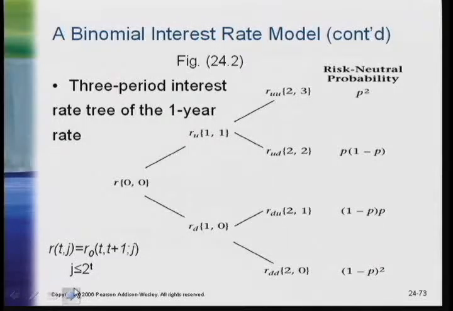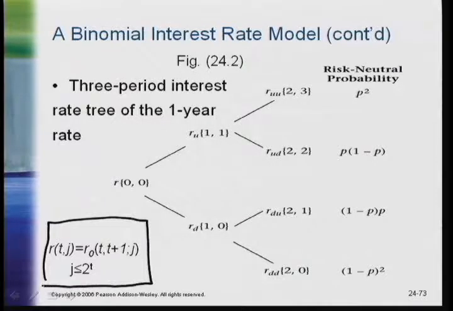So here's an example of a tree with H of 1. And what we have here is R0, and notice down here I added some notation to connect this notation with the notation I just introduced. If we look at, for example, this term here, this is a rate between time 2 and time 3 in state 1.